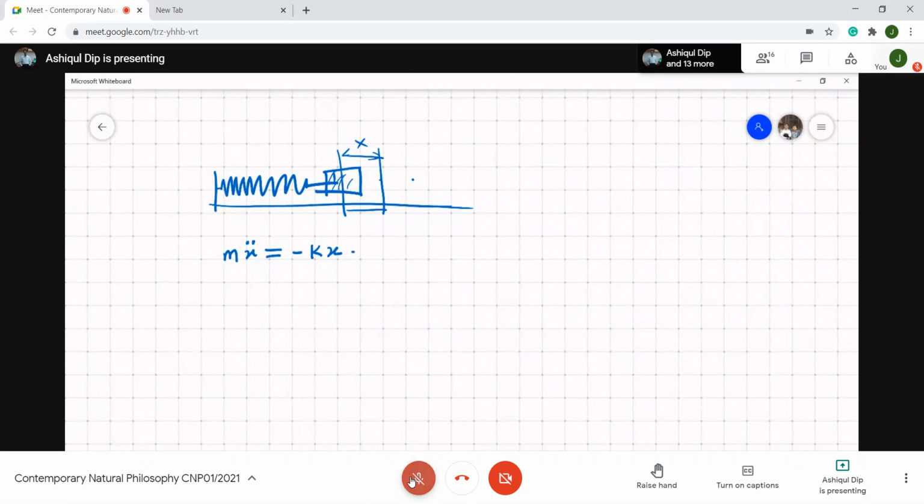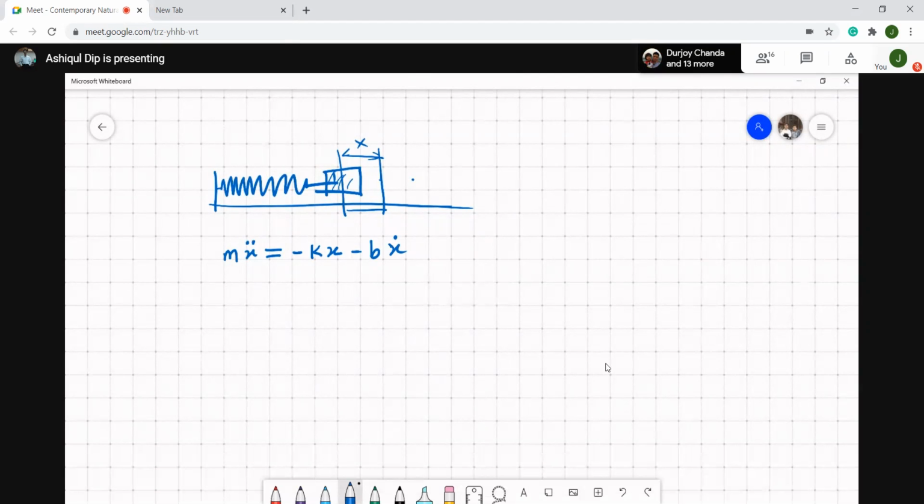And another is negative b x dot, so the drag force will try to reduce the velocity and make it stop. So yeah, it should be negative as well. So these are the things that we have to consider, right? Yeah. So it has a simple homogeneous linear differential equation that looks like this.